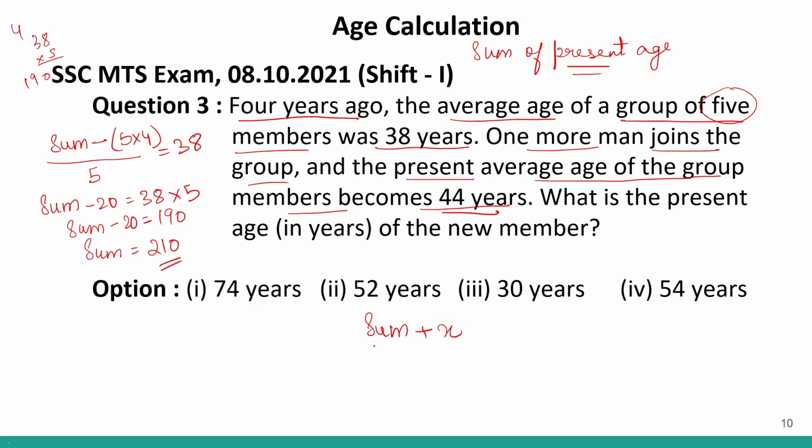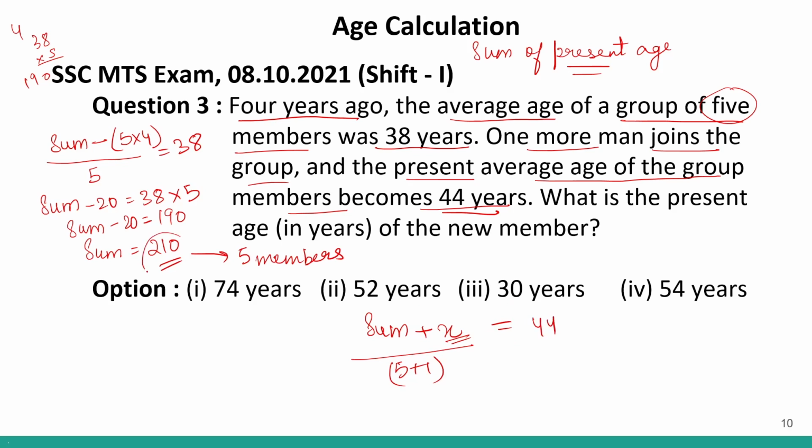So, the present sum of the 5 members, plus the age of the new member, divided by how many members are there now? 5 plus 1, that is 6 members. The average of this is 44 years.